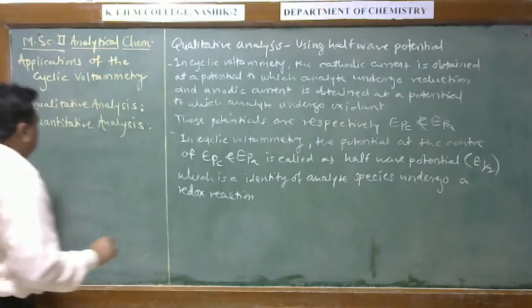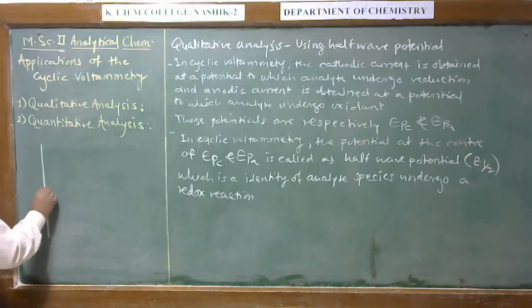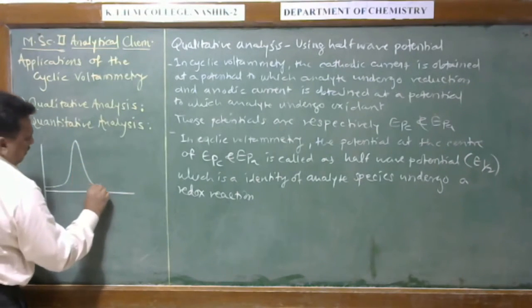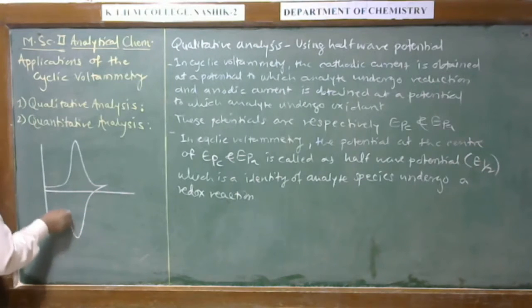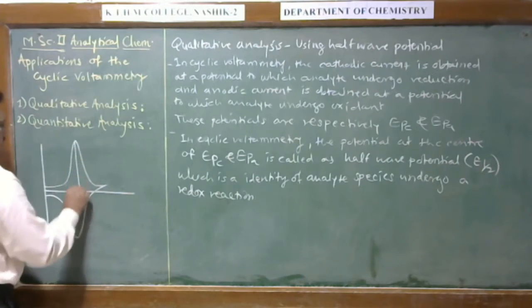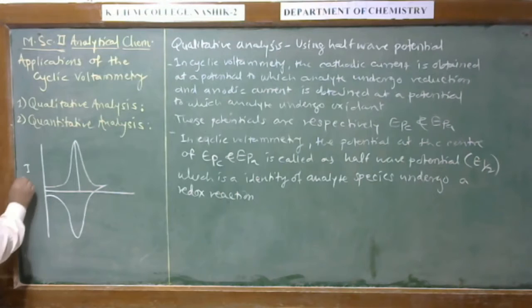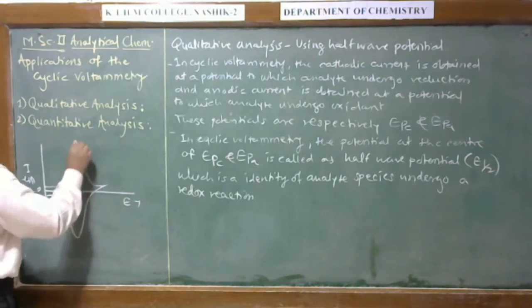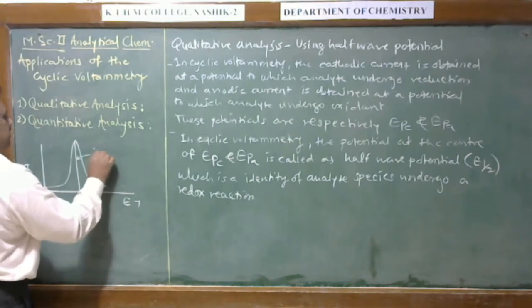That means in cyclic voltammetry, we are plotting a graph of current in microampere versus applied EMF. Here this is IPC.